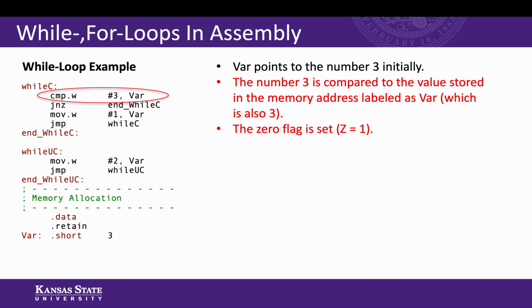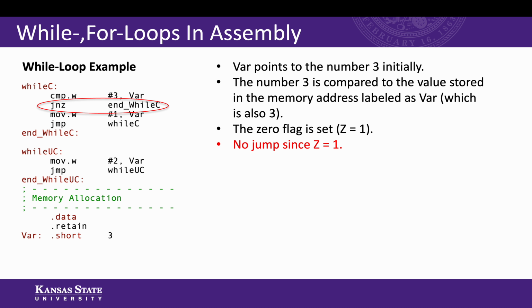When we make that comparison, the zero flag gets set to 1. And why is that again? That's because in order to do the comparison, it takes the difference of those two numbers. So 3 minus 3 is 0. The zero flag goes up, we have z equals 1. And so when we get to this jump if not zero instruction, we do not jump, again, because z equals 1.